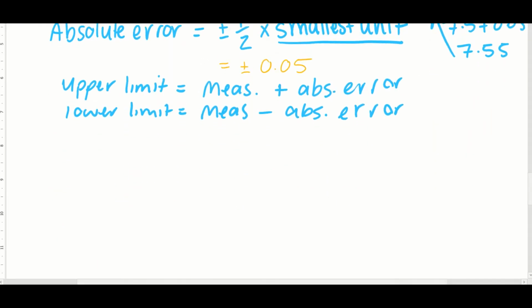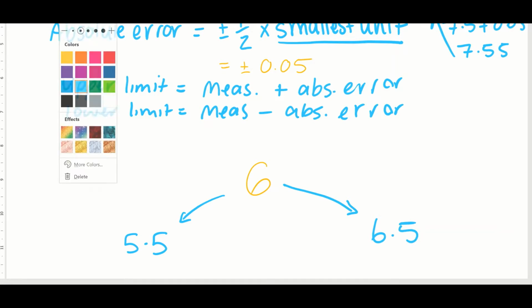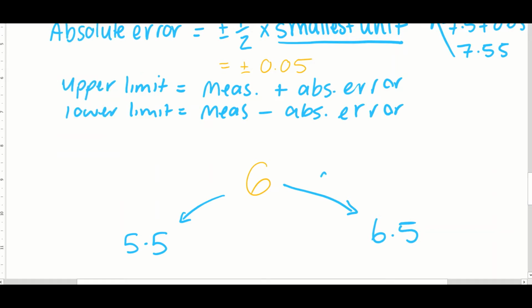Now, I probably could have picked a nicer number to start with. What about the number 6? Let's say the width of my pool, it's a big pool, is 6 meters. Let's think about it logically. That could have been all the way down to 5.5 because that rounds up to 6, and all the way up to, but not including, 6.5. So let's check it over. The error it's recording at each end is 0.5 down there, 0.5 up there.